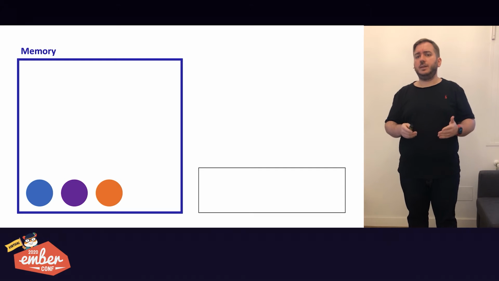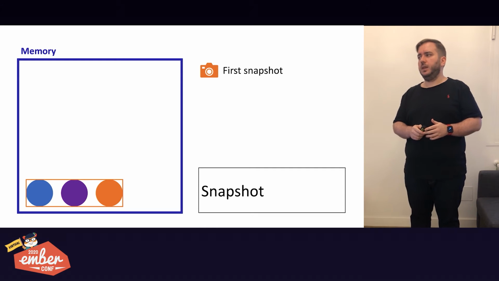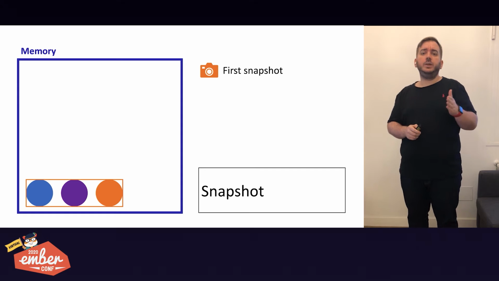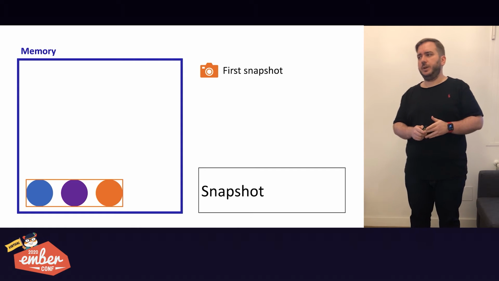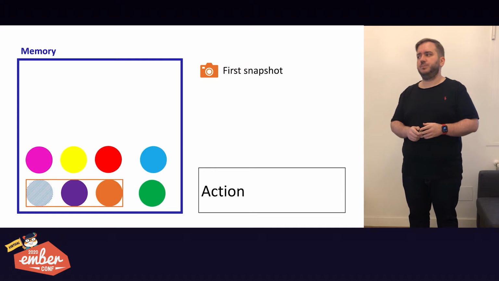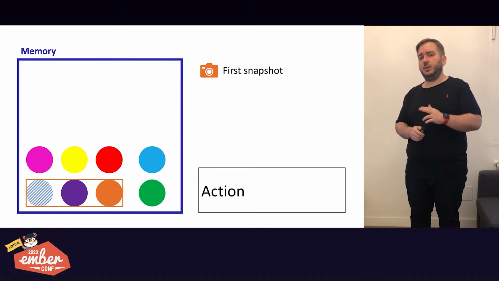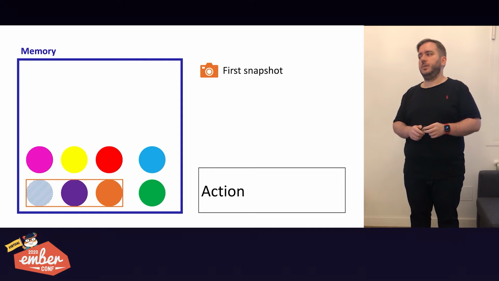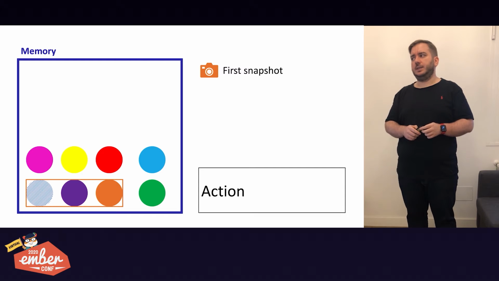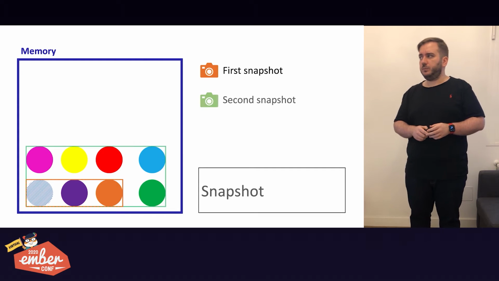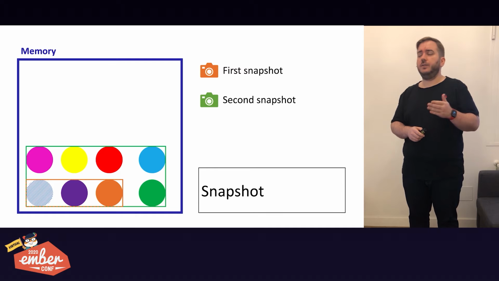After this, we create the first snapshot. After the first snapshot, we do the action we suspect is leaking memory, and we do a second snapshot. As we can see, after this action, a few objects have been marked to be recollected.